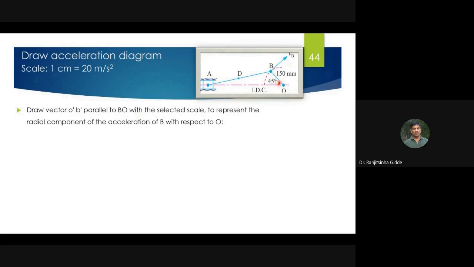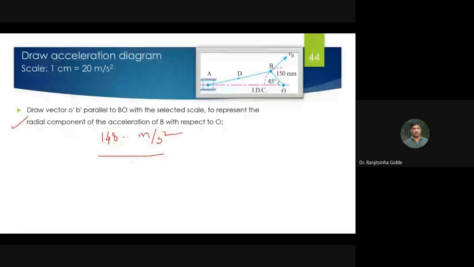So this one is the link. And so the acceleration value, it is 148 meter per second square.